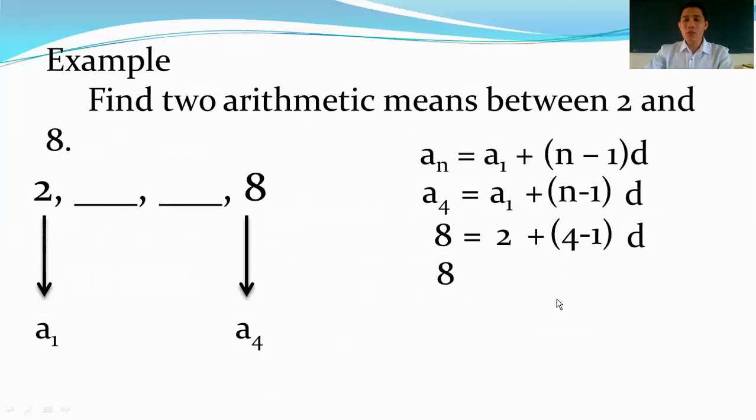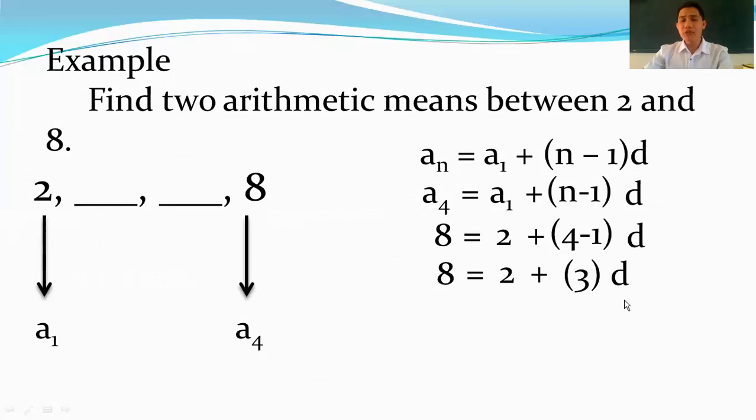So copy 8 equals 2 plus 4 minus 1, which is 3, multiplied by d. You need to recall the rule of PEMDAS. Perform first the operation inside the parentheses. That's why we first operate 4 minus 1, which is 3.